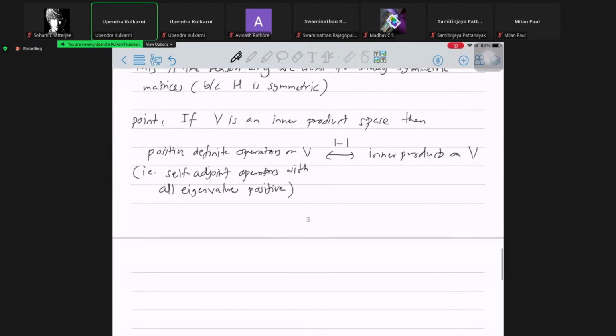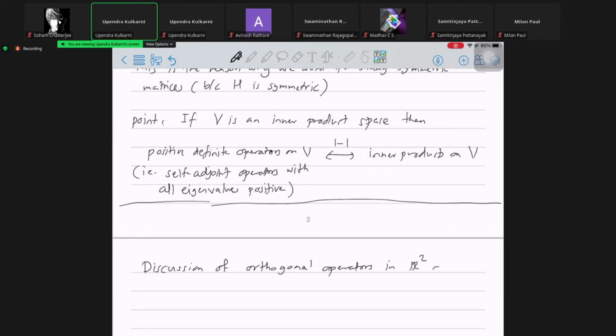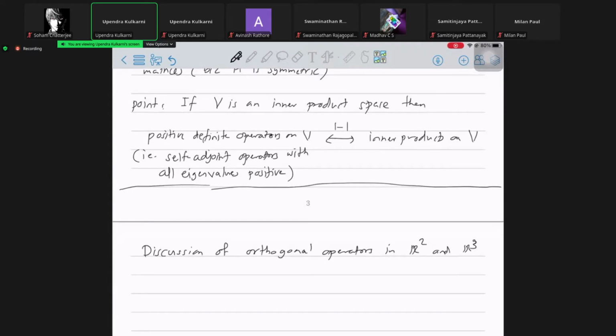Okay, so here, let me just draw a line over here. It's just discussion. Discussion of, so what's an orthogonal operator?